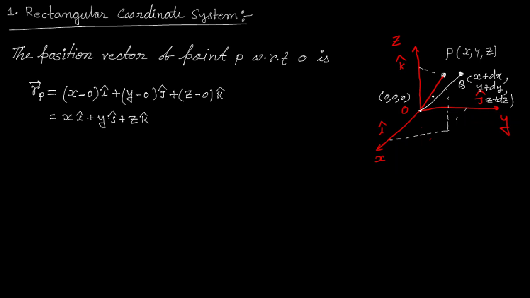So now once we know the coordinate of Q point, we can write the position vector of Q point in a similar way as we have written the position vector of P point here.